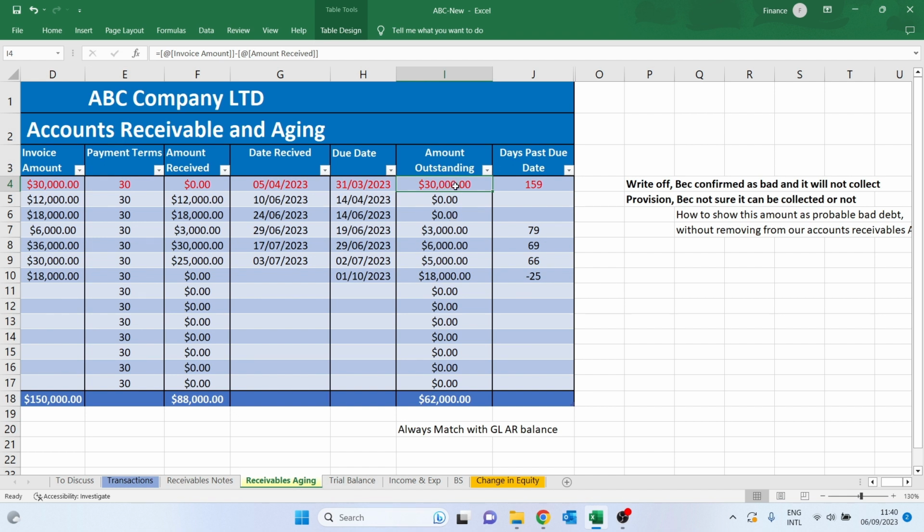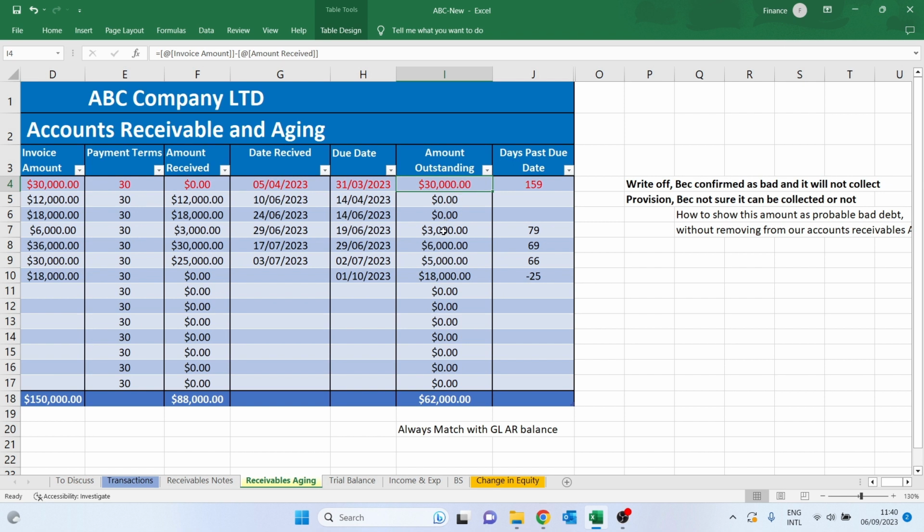So we need to remove this amount from the accounts receivable, and send this one to the lawyers for further collection procedures. File a suit or let the lawyer follow up for this 30,000. But we need to remove this from the receivable, and we need to record that effect in the concerned financial statements.